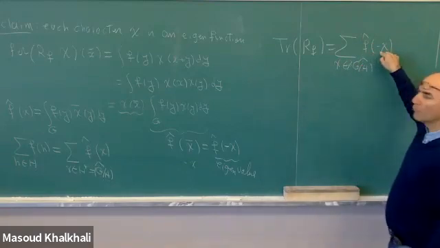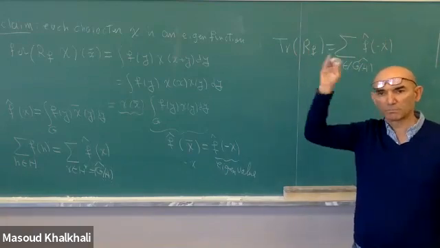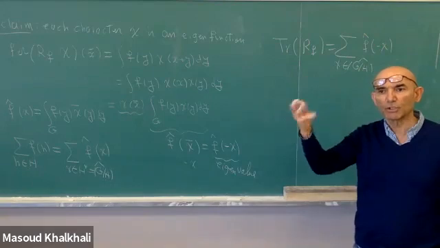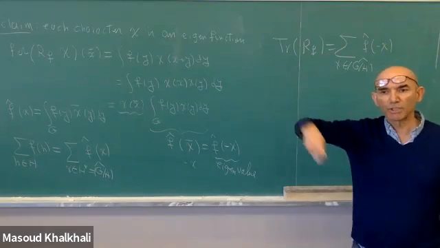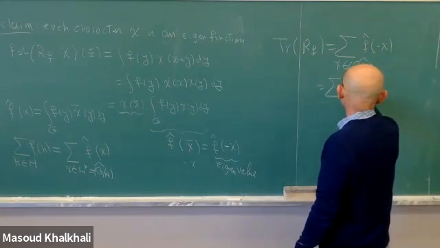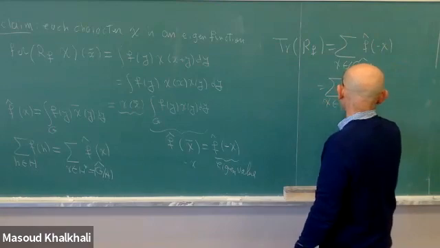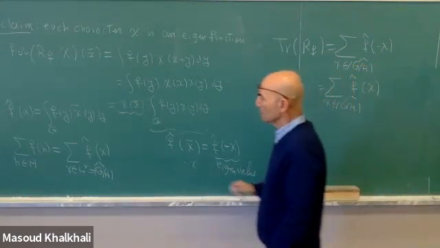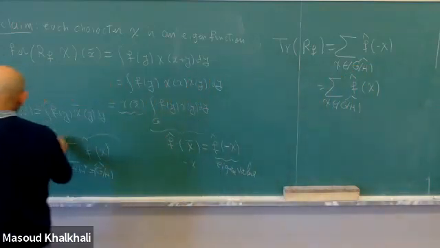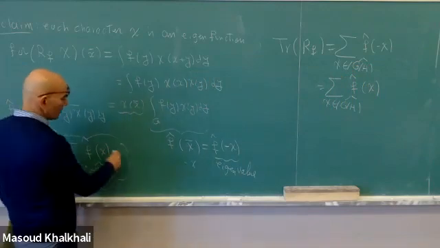But summing over negatives is the same as summing over the whole thing, because inversion or negation is a bijective map. So this is equal to this one, sum over chi. Okay, so this then we have the general PSF.